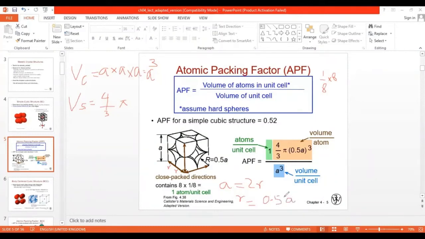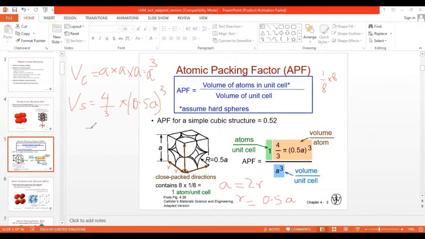Okay. Now I will put this 0.5A into my equation, that is 4/3 pi r cube, where r is 0.5A whole cube. All right. So I'll substitute this r with 0.5A whole cube, right?